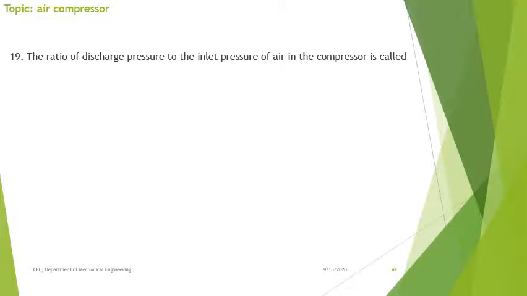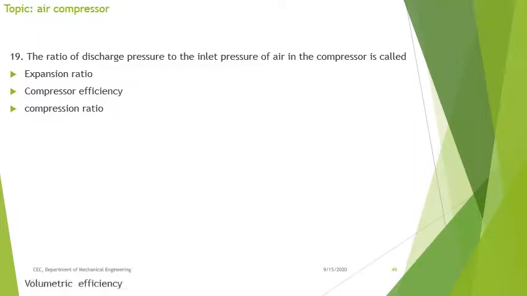The ratio of discharge pressure to the inlet pressure of air in the compressor is called expansion ratio, compressor efficiency, compression ratio, or volumetric efficiency. Answer for this one, compression ratio.